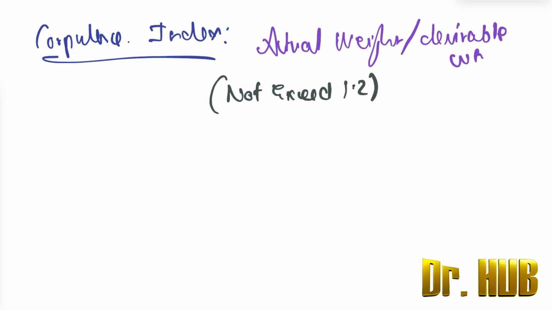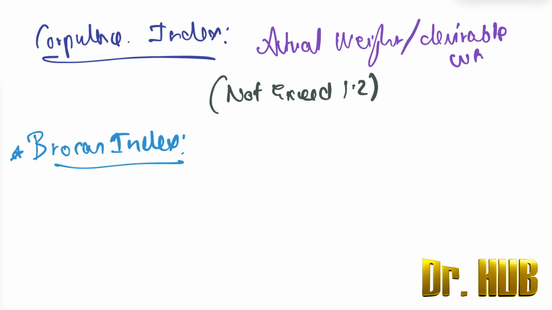Then comes Broca's index. What is Broca's index? Broca's index is nothing but the height in centimeters minus 100. Then let's look at the Lorentz formula.